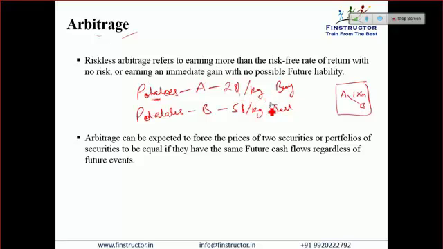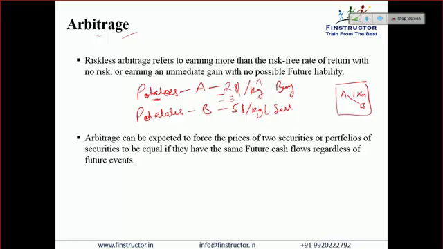So you just buy here and quickly go and sell in the other market. Of course, these opportunities don't exist forever, because as more and more people buy from market A, the price here will go up, and if everybody's selling here, the price will go down. So at some point these prices will converge, so that the opportunity doesn't exist for a very long time.